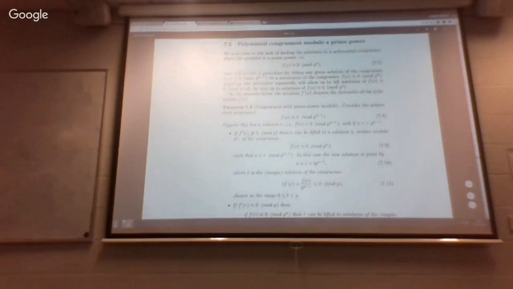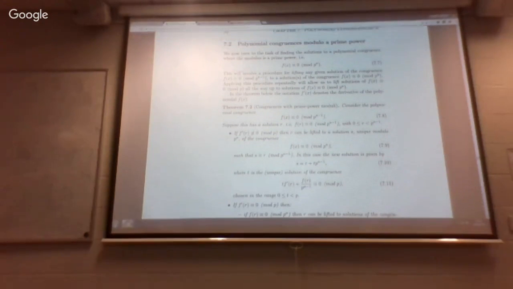Okay, so now we come on to this result here, Theorem 7.2. It's quite a technical result about how to go about, well, this is the main kind of tool in how to solve a general polynomial congruence.